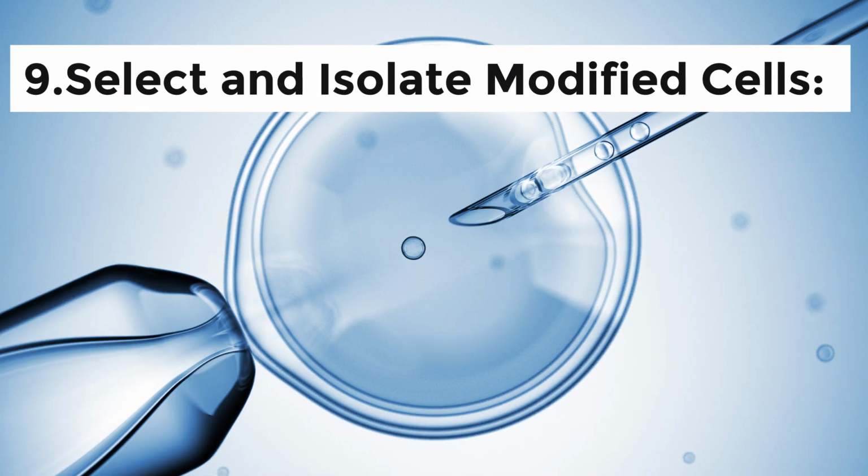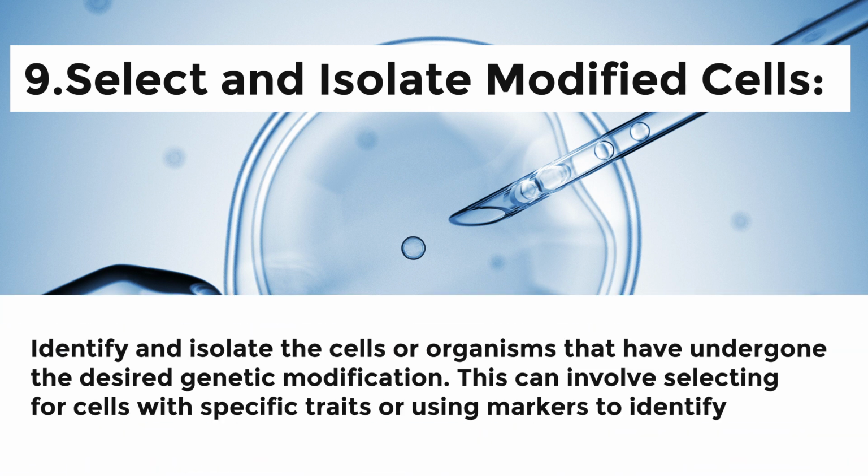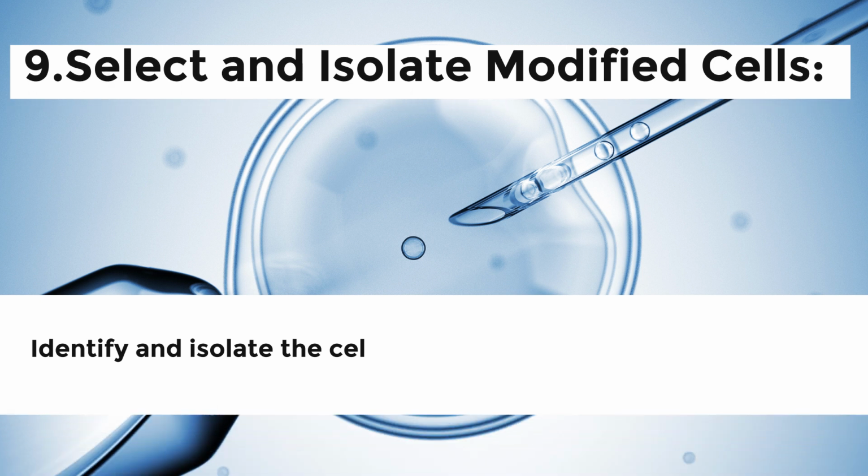Then select and isolate the modified cells. Identify and isolate the cells or organisms that have undergone the desired genetic modifications. This can involve selecting for cells with specific traits or using markers to identify edited cells.